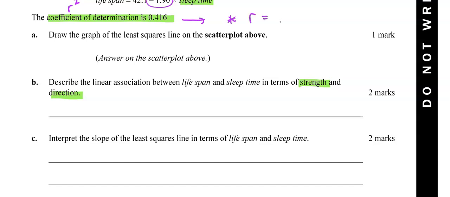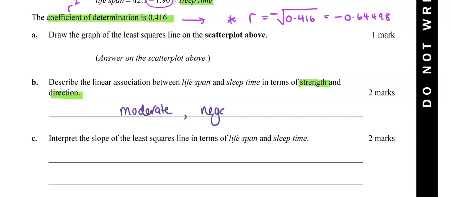So our R value is going to be the square root of the R squared value that we've been given, the coefficient of determination. We also already know that will be a negative value. And so when I put that in my calculator, I end up with negative 0.64498. And so that indicates that I have a moderate relationship or association. So our strength, moderate, and our direction, negative.